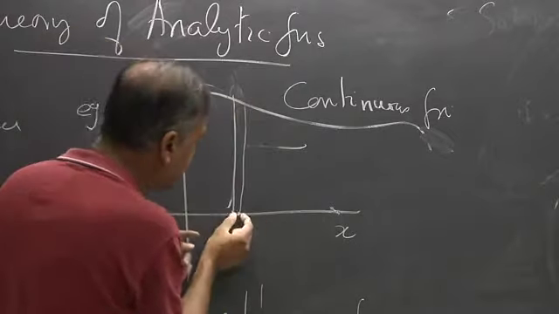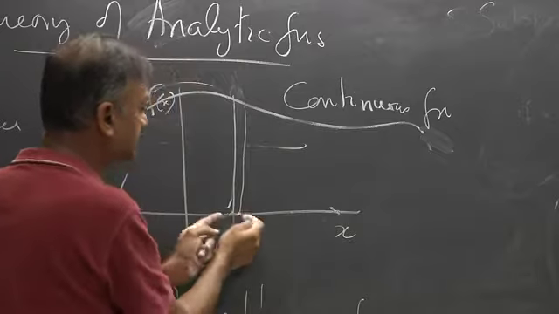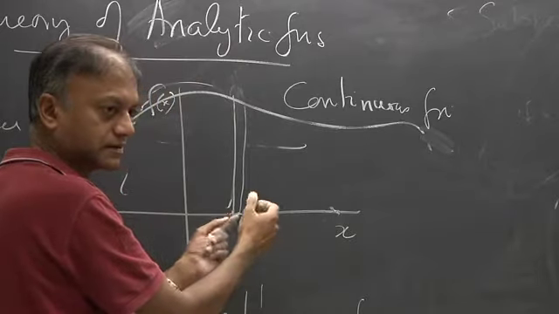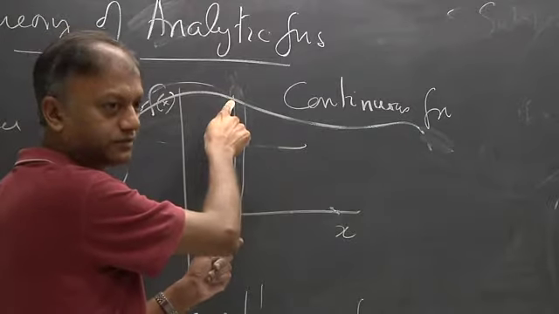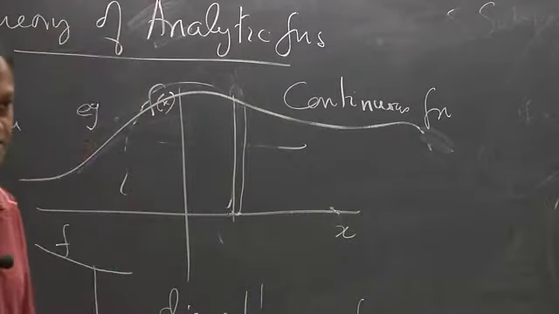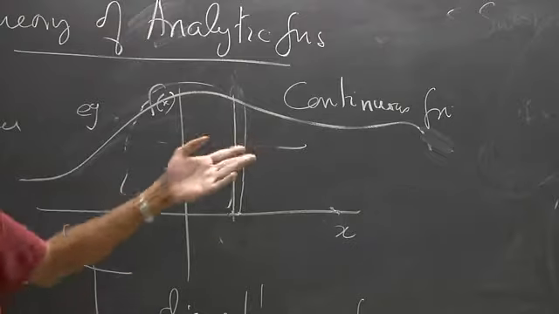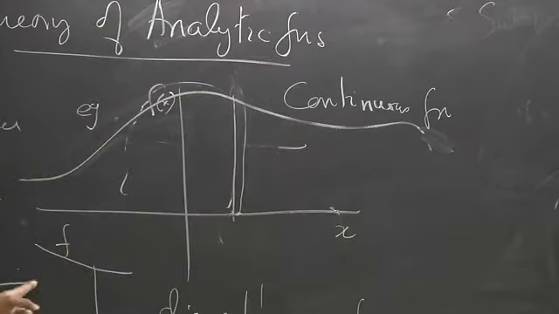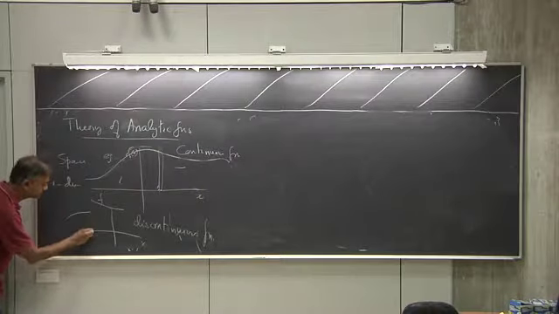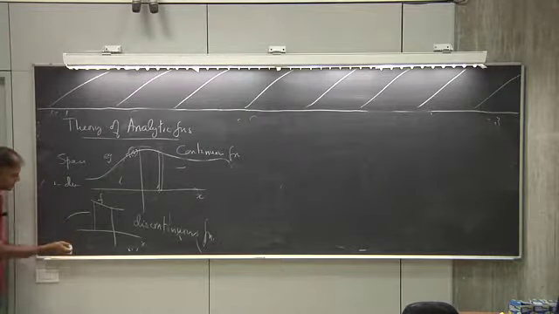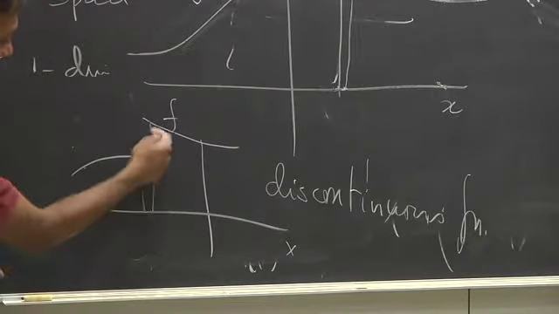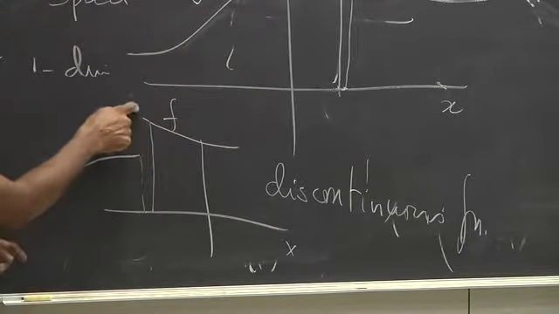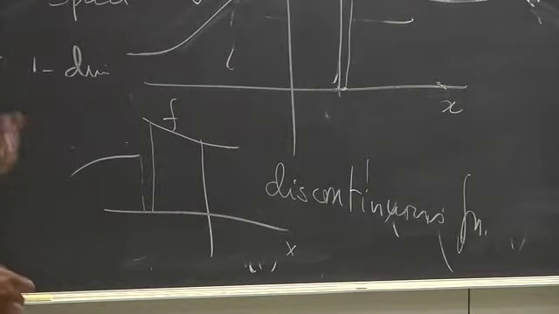In fact, as I take the two points closer and closer, this value should become closer and closer to that value. That is the notion of continuity. If that happens, then you say the function is continuous. Whereas here it is not the case. You take the value here, it is this. You go a little bit higher, its value is up there. And as you bring the points closer and closer, nothing happens. This stays far away from there. So this is discontinuous.